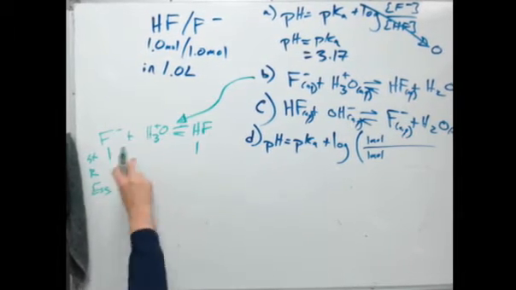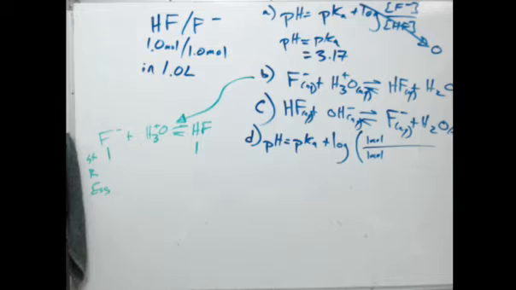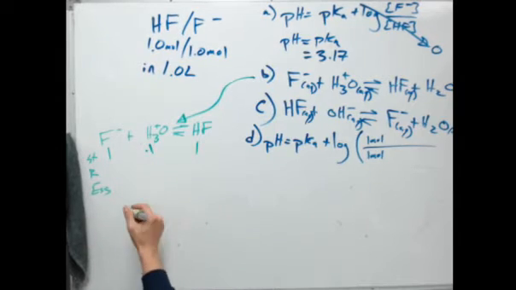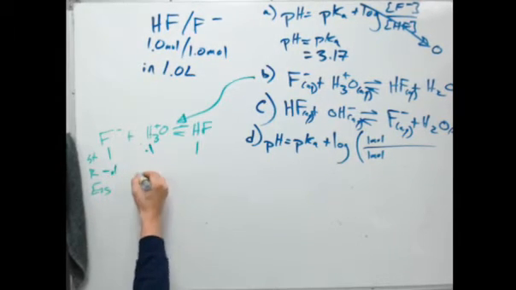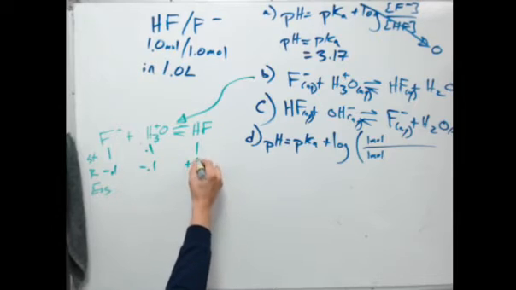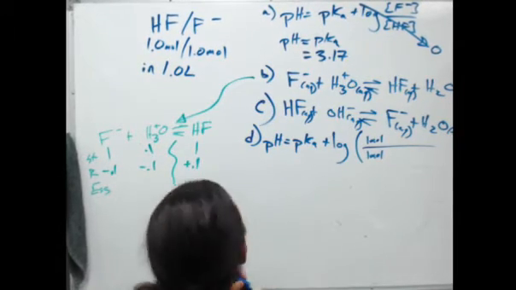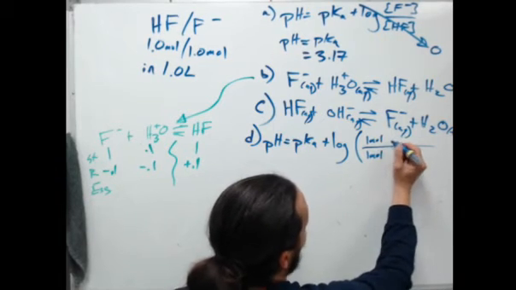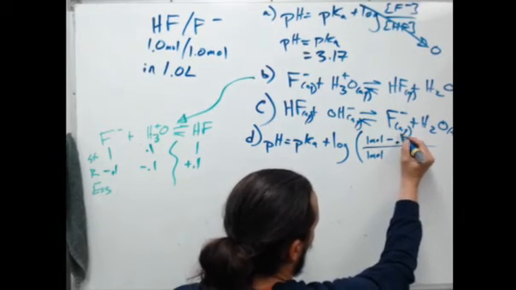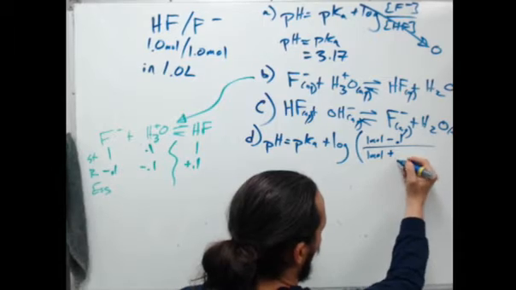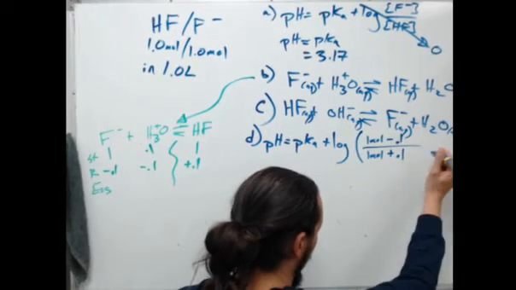My reaction, how much H3O plus am I adding in this case? 0.1. I'm adding 0.1, so when I do my reaction, I'm going to have minus 0.1 for my F minus and plus 0.1 for my HF.